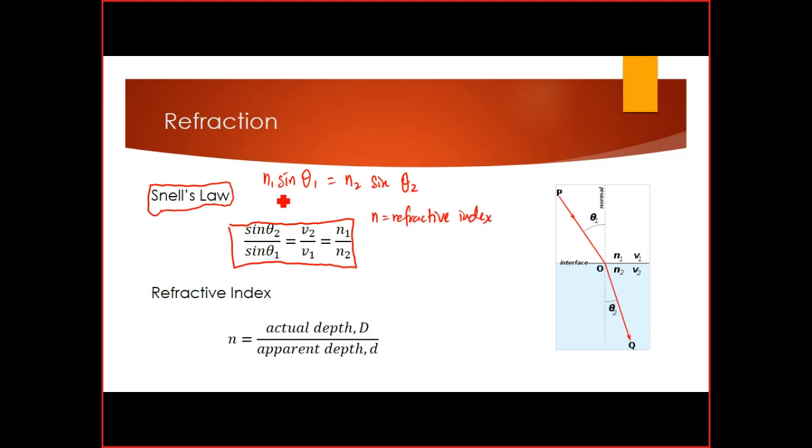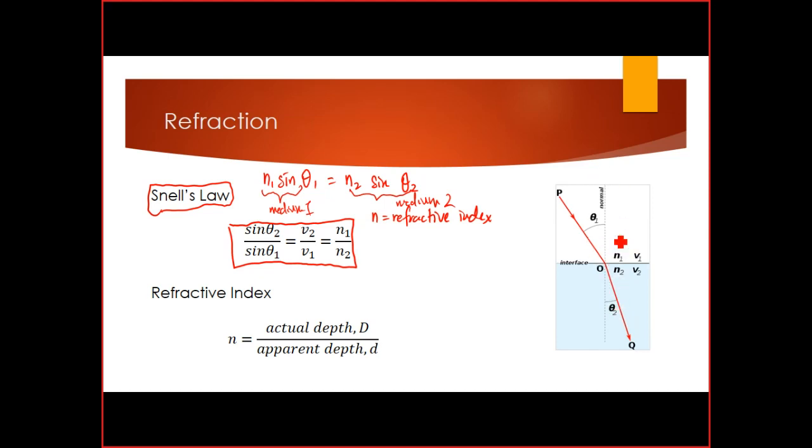If we have n1, this is in medium number 1, and if we have n2, this is medium number 2. You can see from this picture, we are starting from medium number 1, it goes to medium number 2. Theta 1 is at medium 1, theta 2 is at medium 2.